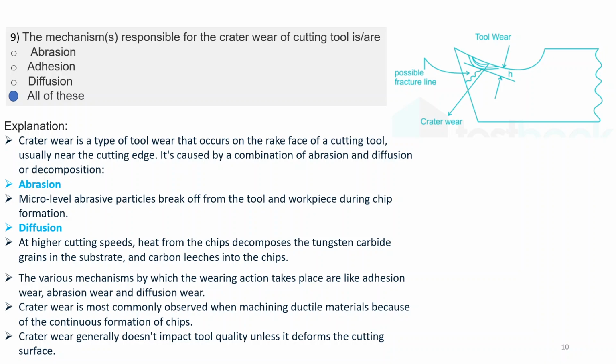The various mechanisms by which the wearing action takes place are adhesion wear, abrasion wear, and diffusion wear. Crater wear is most commonly observed when machining ductile material because of the continuous formation of chips. The crater wear generally doesn't impact tool quality unless it deforms the cutting surface.